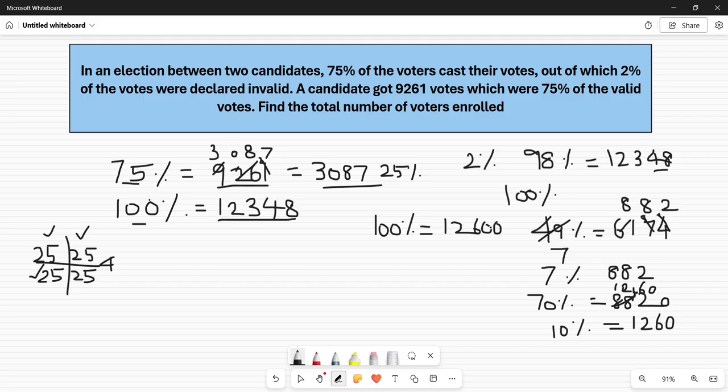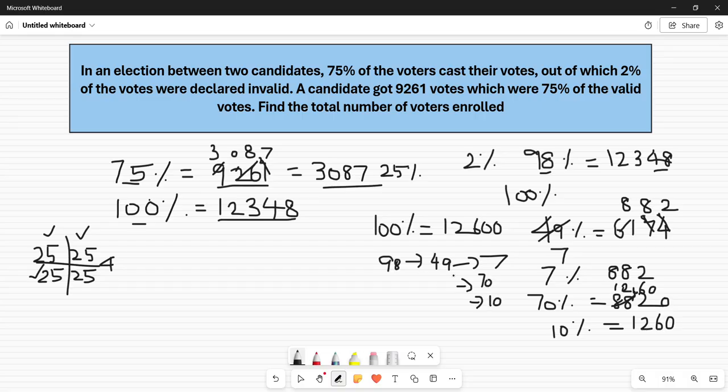Yeah, so it took some time for us to derive from 98 to get 100. We went a different path. Like we went to 49, then we went to 7, then we moved to 70 and finally to 10.